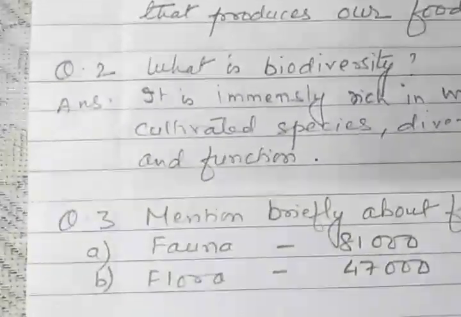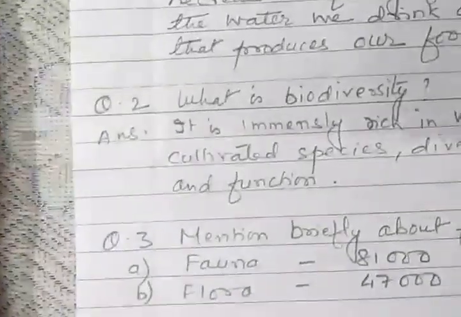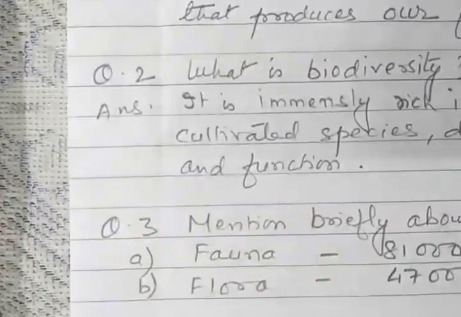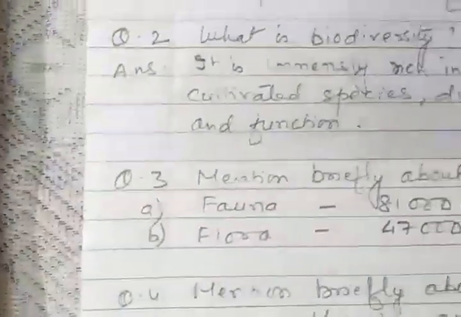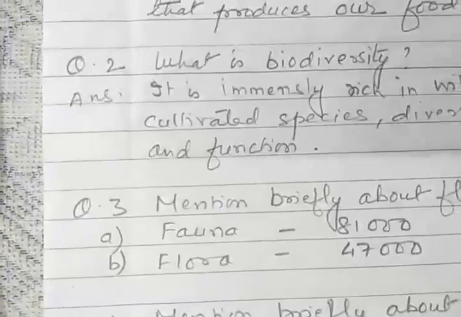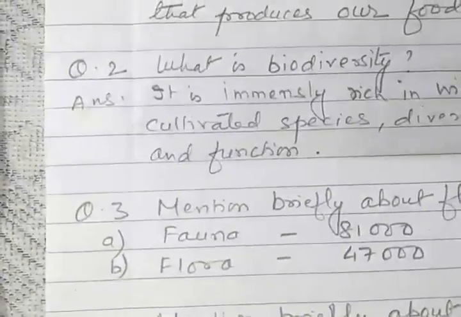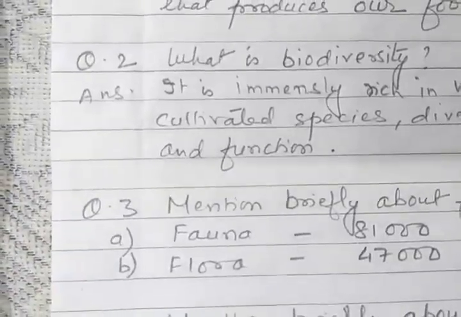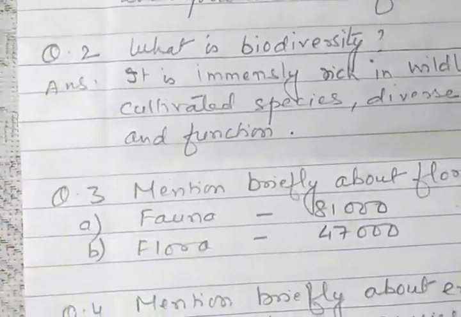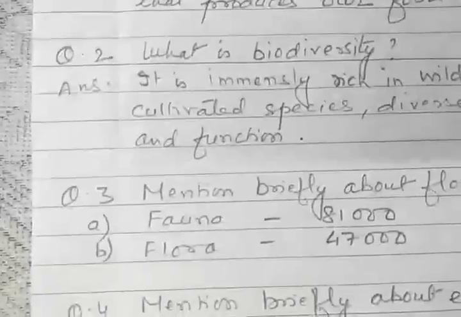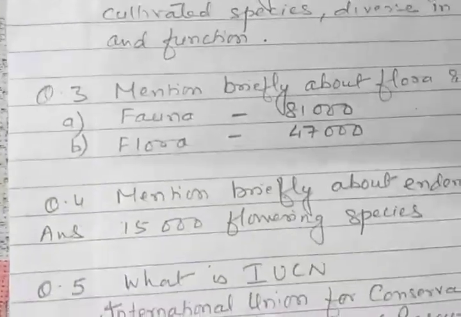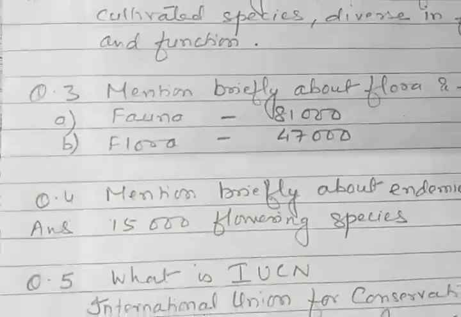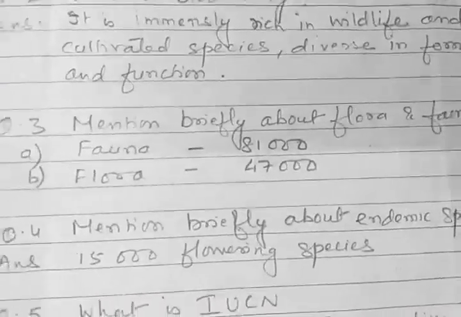Question number 3. Mention briefly about flora and fauna existing in the world. Only you write fauna 81,000 in number, species, and flora 47,000 species. Now question number 4.